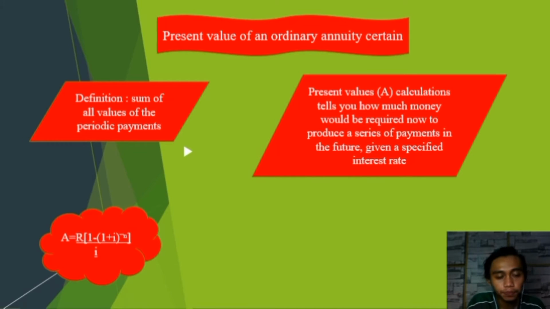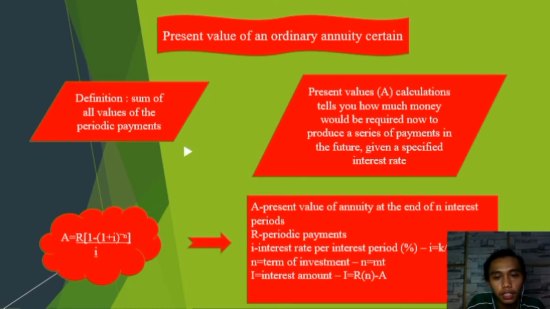This is the formula. A equals R open bracket 1 minus open bracket 1 plus i power negative n close bracket divided by i. The meaning: A is the present value of the annuity at the end of an interest period.